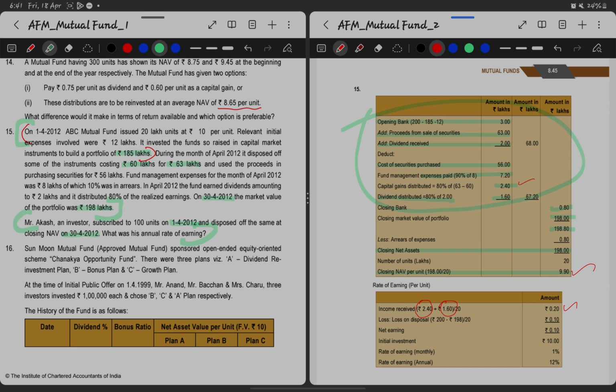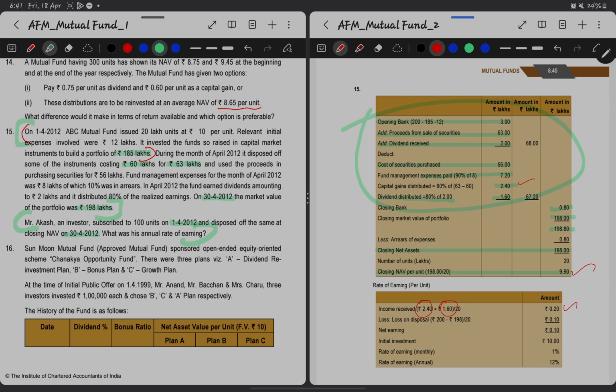So he also has realized the capital appreciation. That also will be included. Even if he has not disposed this off, we'll be considering it for the revenue return purpose, still will be for this earning we are calculating.